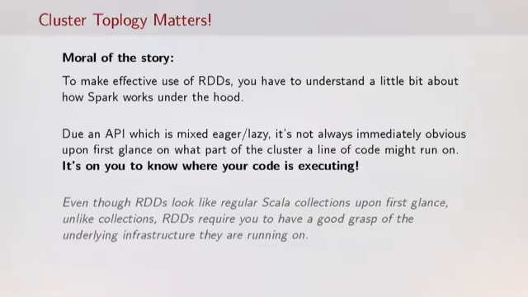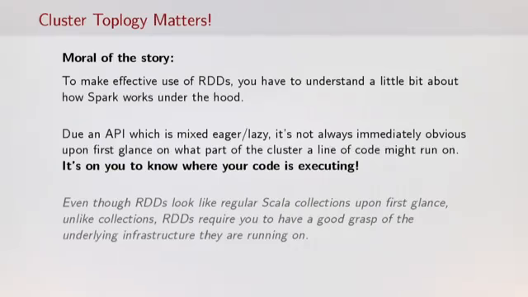And due to this API, which is mixed eager and lazy, it's not always immediately obvious upon first glance which part of the cluster a certain line of code might run on. For example, transformations are queued up, and then when an action comes along, all of that stuff that got queued up gets optimized by the driver program, sent to the worker nodes, and then the worker nodes send something back to the driver node.